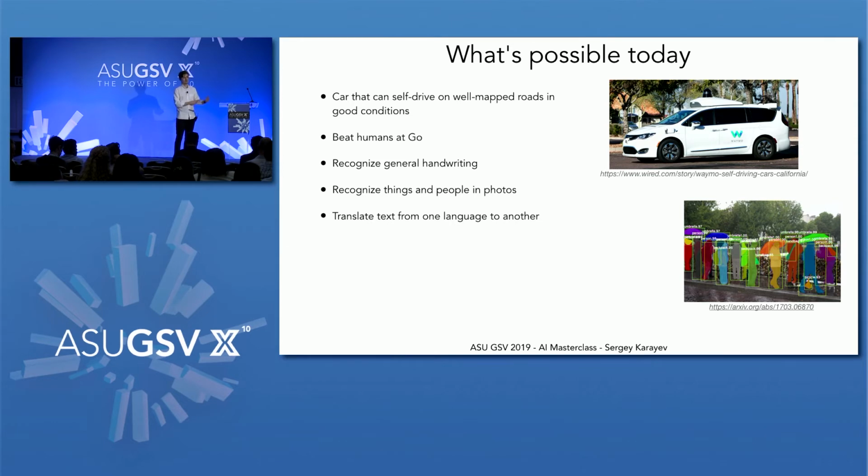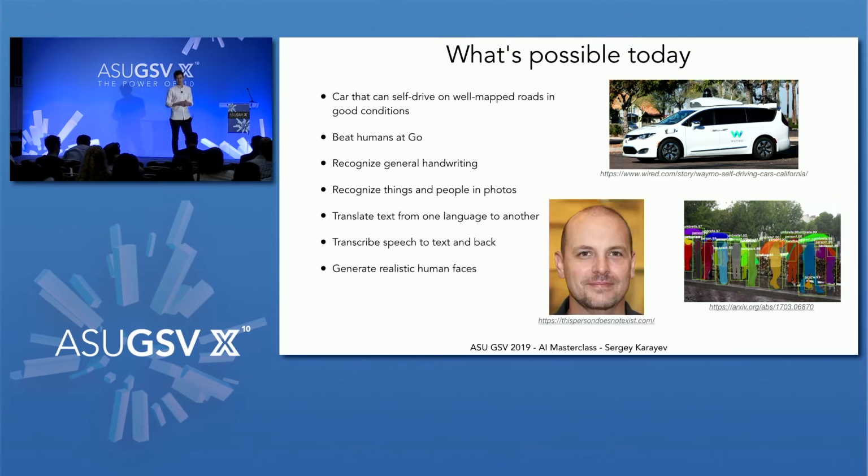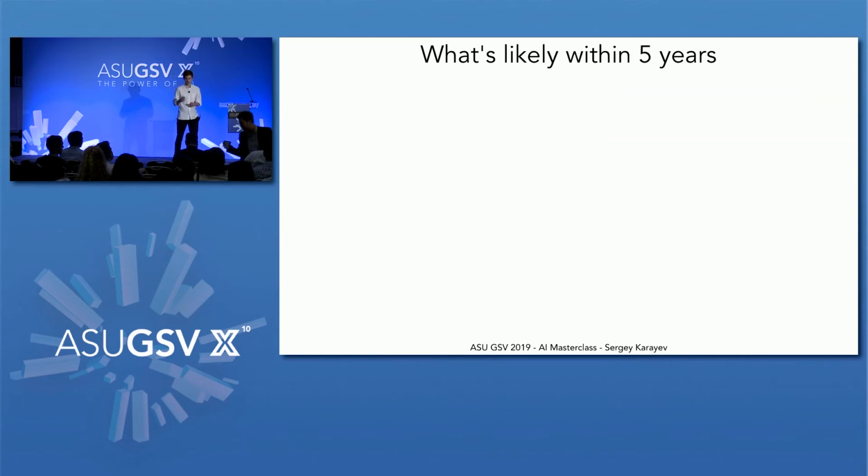We can translate from French to English to Chinese, almost as good as a human. We can transcribe speech to text and back. We can generate realistic human faces and other types of images. There's a cool website called thispersondoesnotexist.com. And we can have stilted customer support conversations where maybe the AI will direct us to the right human, but not really handle it entirely by themselves.